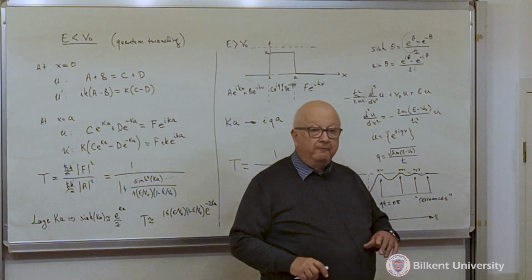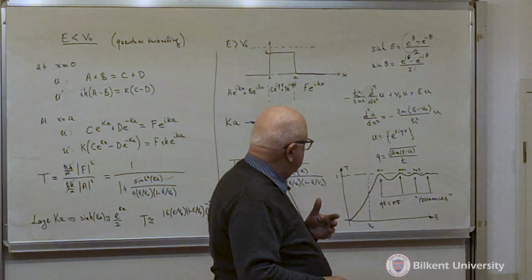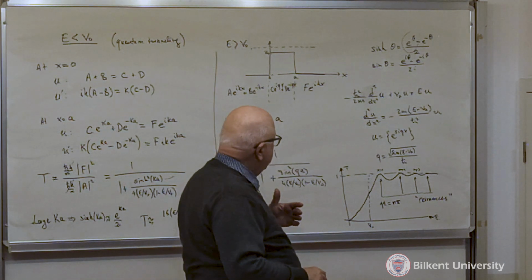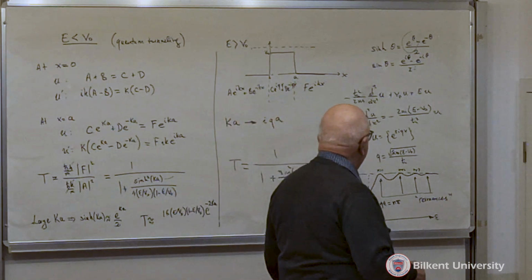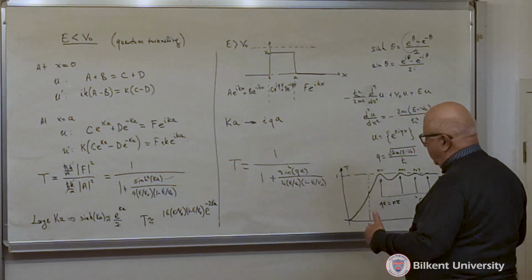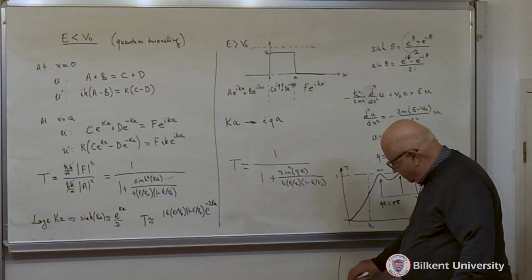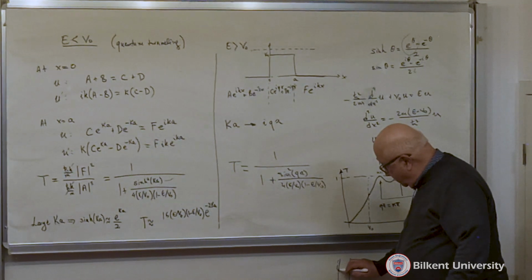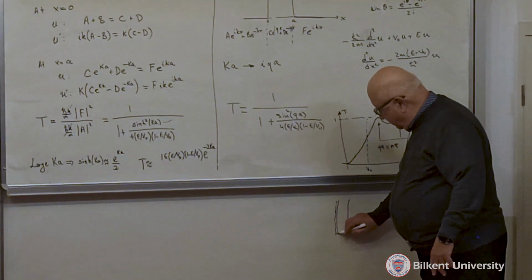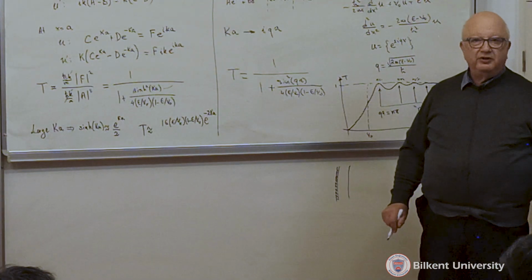Okay, so if you calculate, for example, the transmission of waves through an optical structure, you may have an optical structure in which you have some glass, and then on top of it you put some dielectric material with a different index of refraction.